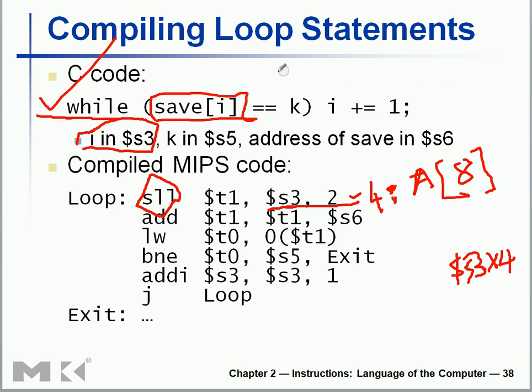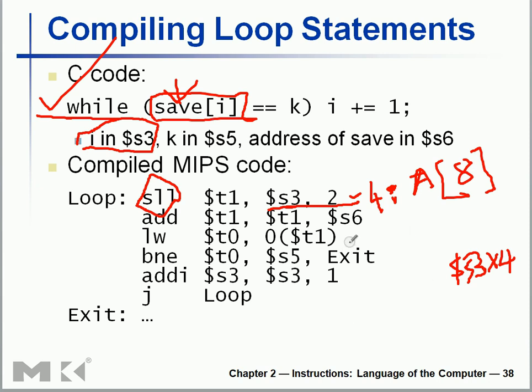But there could be multiple arrays. I could have save, kill, destroy, disappear. There could be many arrays. How will I make MIPS understand that I need to use this 4i for this? Simple. I need to add that value T1, which is actually 4i, to this address.